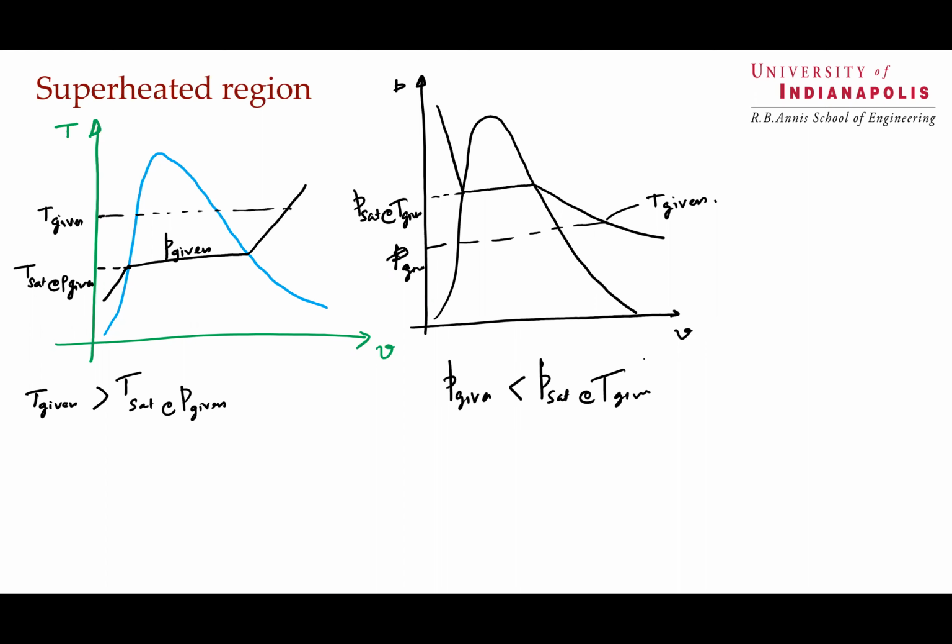And also, if you know the values of Sg or Ug and Uf, let's say you know what Vg is, and your V value is greater than Vg, that's superheated. If your S value is greater than Sg, that's superheated. And if the H value is greater than Hg, that's superheated. If the U value is greater than Ug, that is also superheated. So that's how you find whether it is superheated or not.